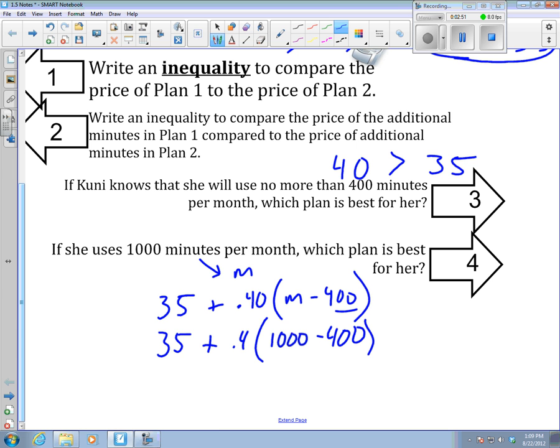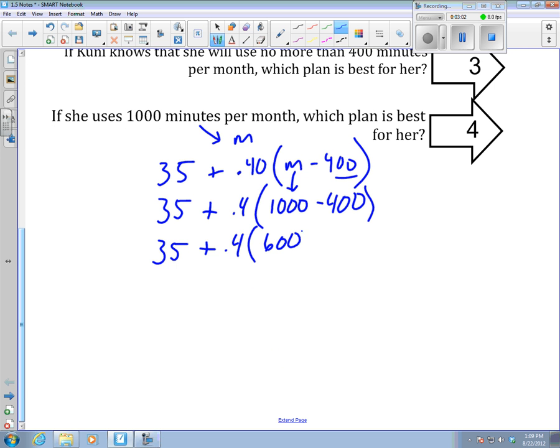This is just one way to write it because she's going to use 1,000 minutes. $35 plus 0.4 times, this would be 1,000 minus 400, which is 600. And finally, that's going to give me 35 plus 0.4 times 600, which is 240.